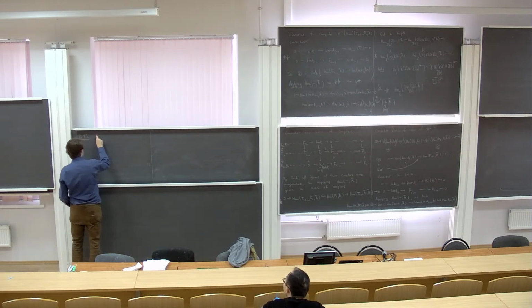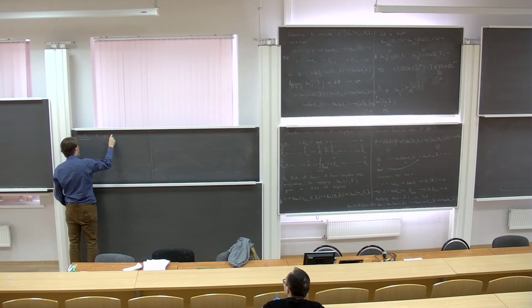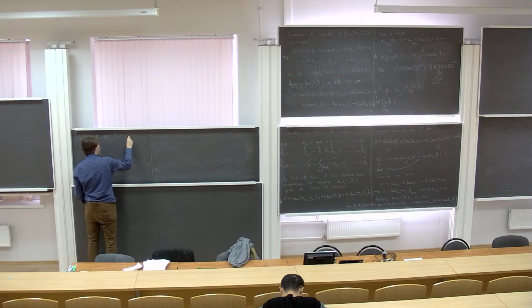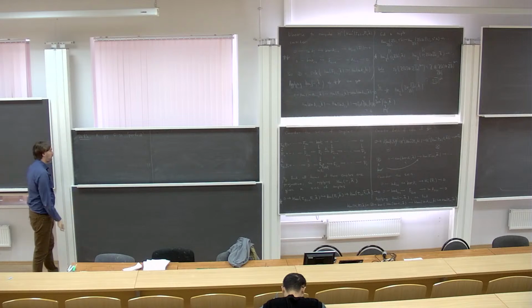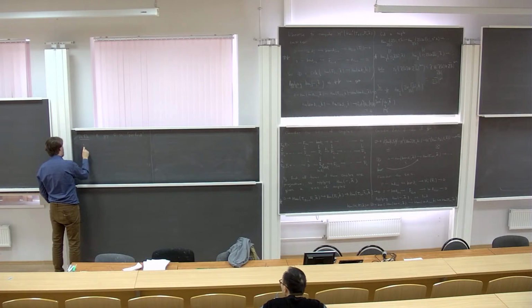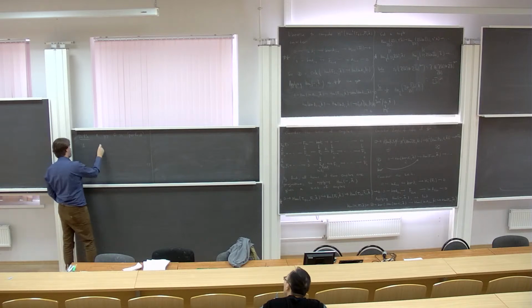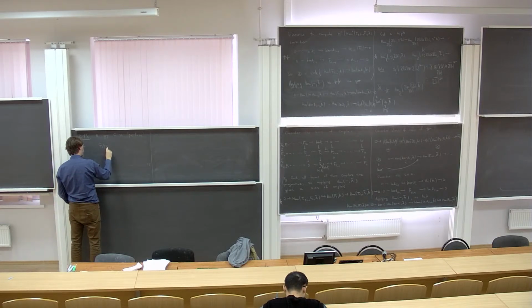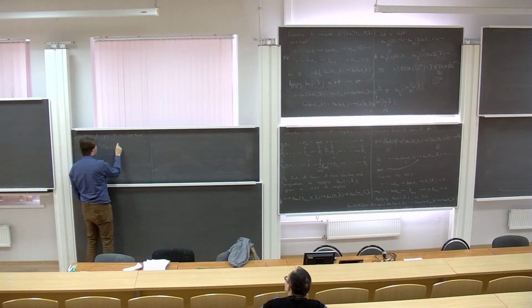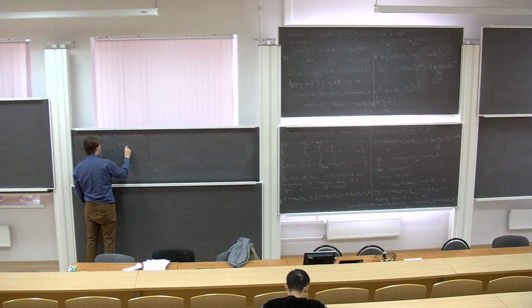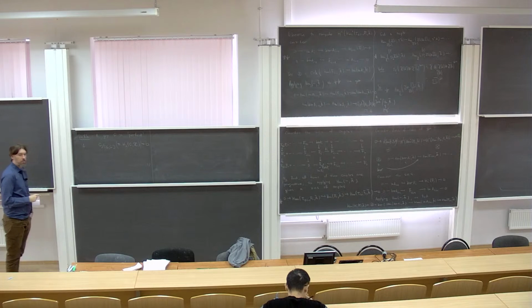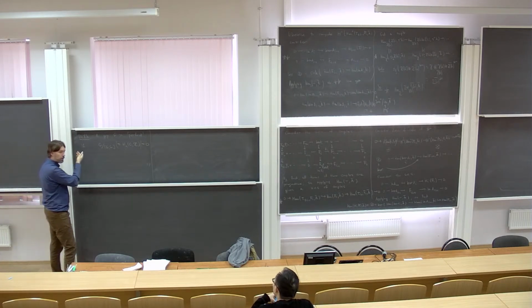The group G is called perfect. I don't know why perfect. If its abelianization is trivial. So the abelianization is always the first homology, yes? And the condition that it be perfect is that it be 0. The first homology is 0, or the abelianization is 0.